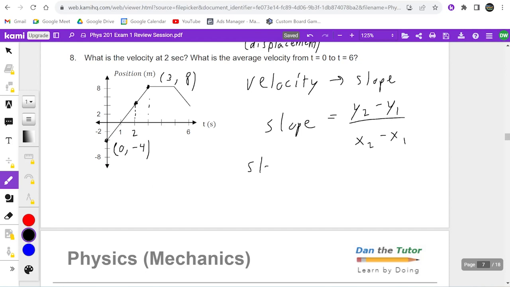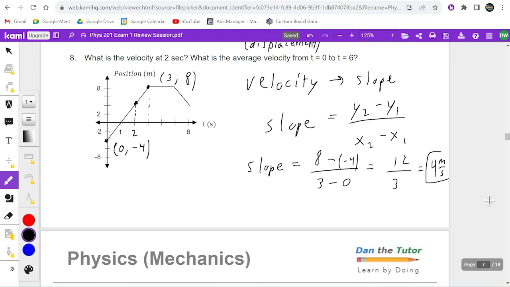And now just plugging it in the slope formula, I get y2, 8, minus y1, negative 4. That will become positive. Divided by 3 minus 0. That's going to give me 8 plus 4 is 12 over 3. It looks like I got an instantaneous velocity of 4, and that's meters per second for this problem, because the graph had those units. Any questions there?